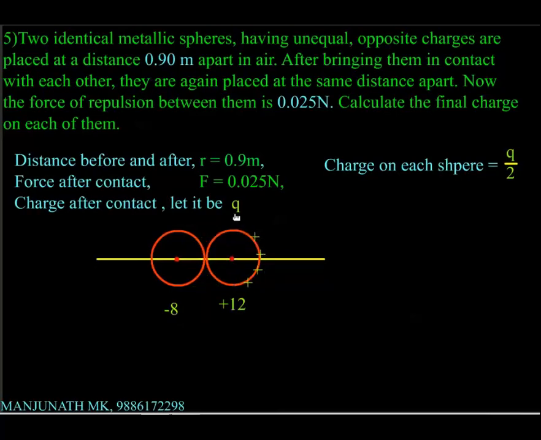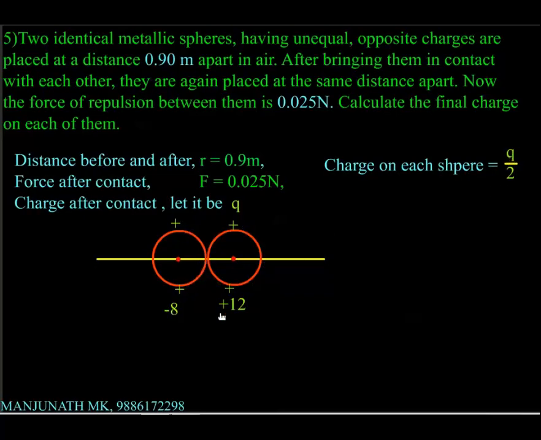Let this be the charge Q. The total charge on these two spheres is Q. As these two spheres are metallic and identical, meaning same radius, this charge Q is equally distributed on the surface of these two spheres. So Q by 2 on this one, Q by 2 on this one, like this. Look here, 4 by 2 is 2, 2, like this. So let this total charge be Q and charge on each sphere be Q by 2.